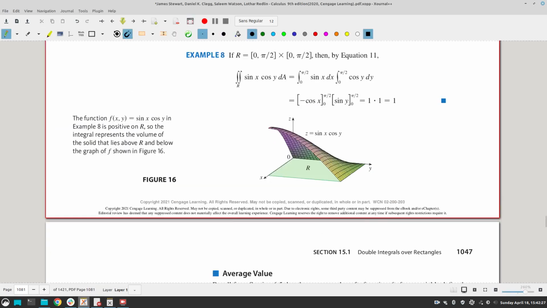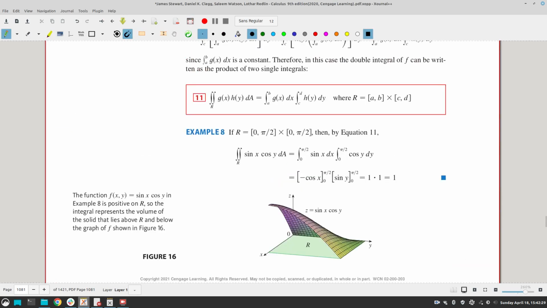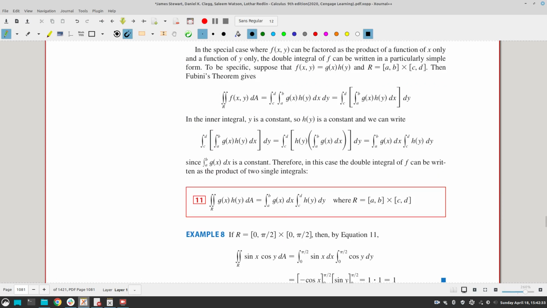Right? So take this. In the integral with respect to y, g of x is a constant, so you could take this out.